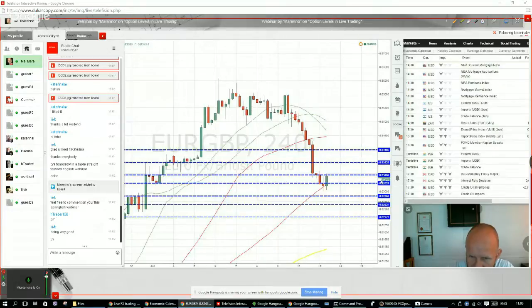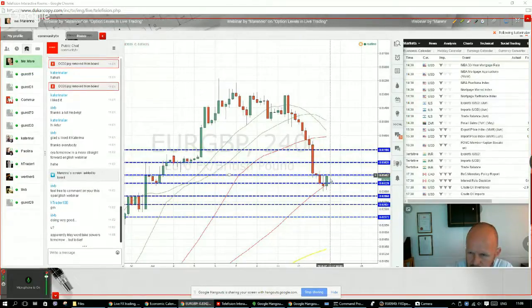The next one, it's a session level for European session, including US overlap. So 0.83466. In case the price will close above this level, then I will put a limit order. Well, yes, who knows?